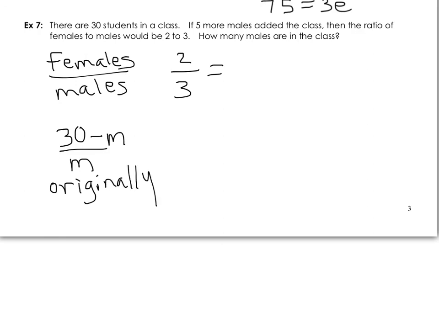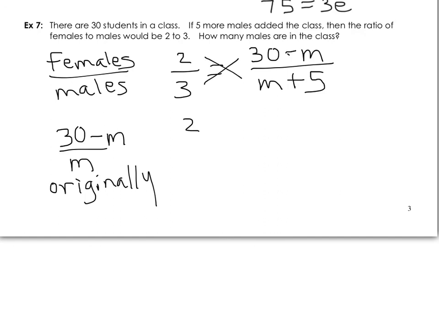But now we're going to add 5 males to the class. The number of females will not change, so it's still 30 minus m, but we will add 5 more males to the class. And that's our equation, that's our proportion.